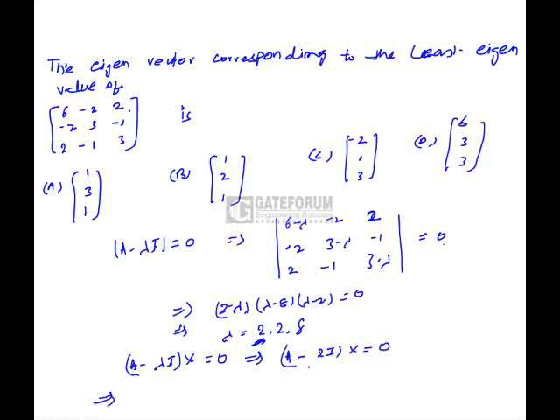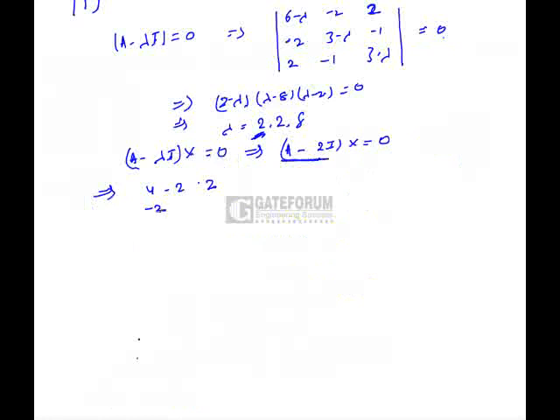So A minus 2I is nothing but [4, minus 2, 2; minus 2, 1, minus 1; 2, minus 1, 1] times [x, y, z] is equal to [0, 0, 0].